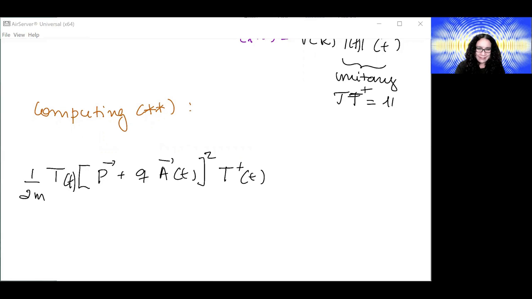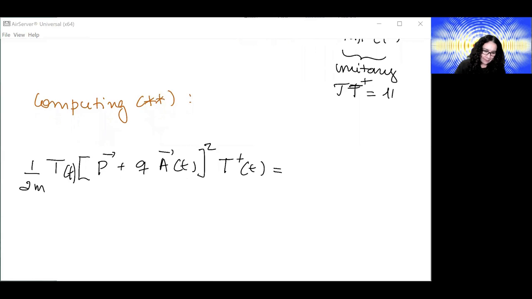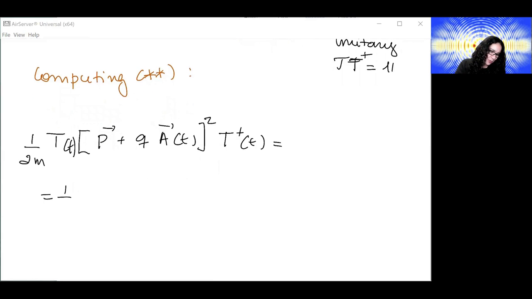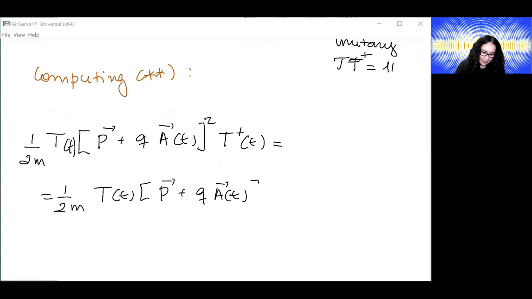So I can use this fact, and write this as 1 over 2m T (P plus Q A T) T dagger T, and then P plus Q A T. Let me see what order I want. I want T dagger T. Here I'm again omitting the T in the transformation because we know it's time dependent.